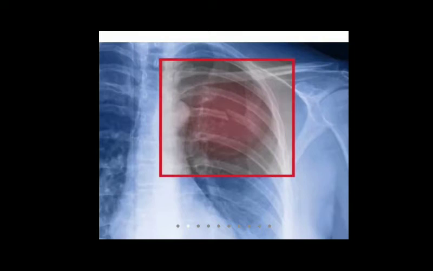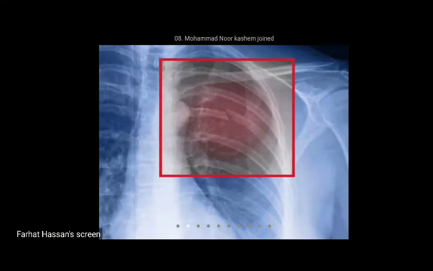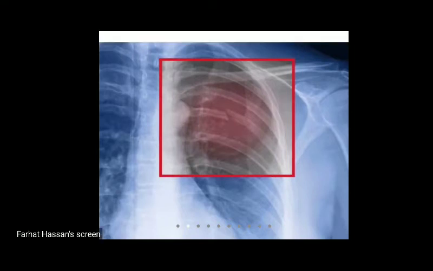What will happen? What is the fatal consequence of tension pneumothorax? Patient may develop obstructive shock. What do you mean by obstructive shock?